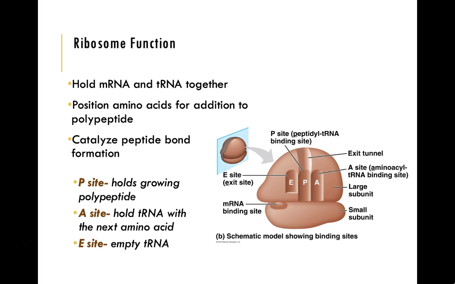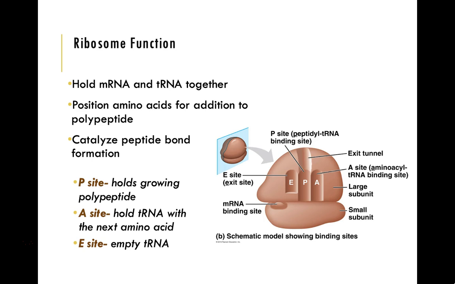The large subunit of the ribosome has three areas that are important for transfer RNA binding. So we'll see in a minute that the messenger RNA is going to lay on that small subunit, and then the large subunit is going to be a docking site for the transfer RNAs.